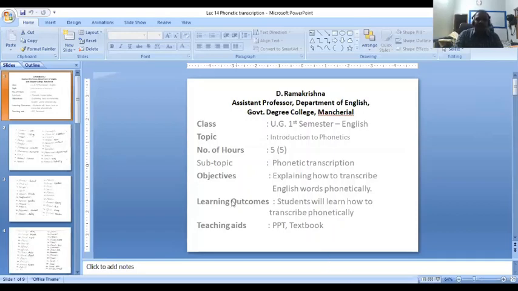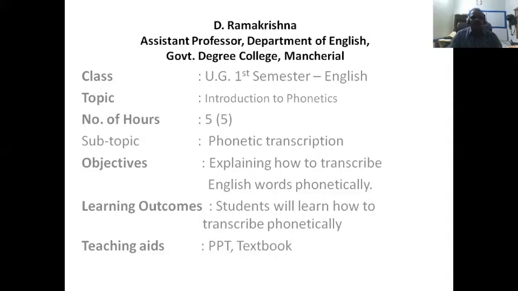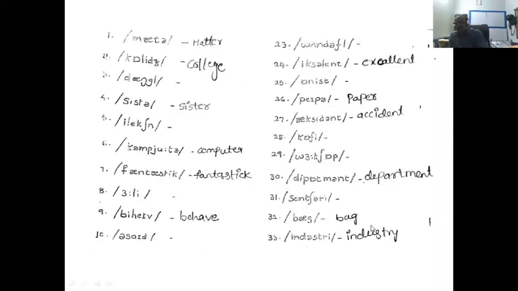Today's class is, you are going to transcribe English words phonetically, right? Just listening to it doesn't make you able to transcribe phonetically, but it means you need to practice, first of all, the consonant letters and the vowel letters.